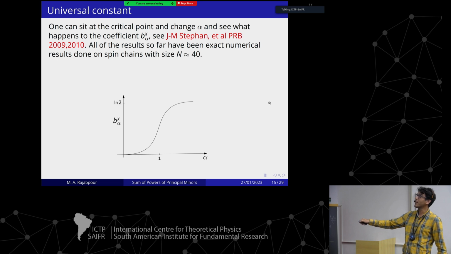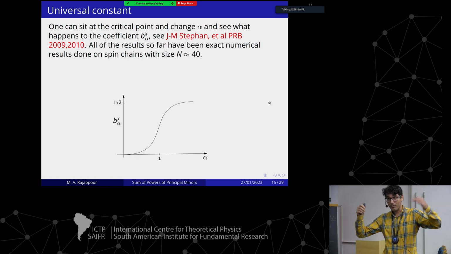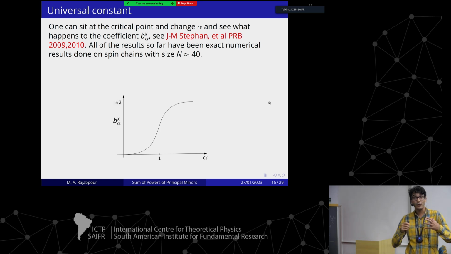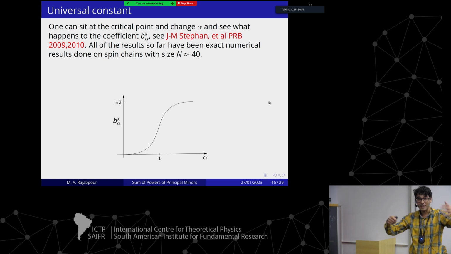The numerical results I told you about, around 40 or 44 sites, are still impressive, because you really need to calculate 2^44 probabilities, and you need them at very precise values. You can't just truncate your numbers; if you truncate them in a non-careful way, you will get really bad results.